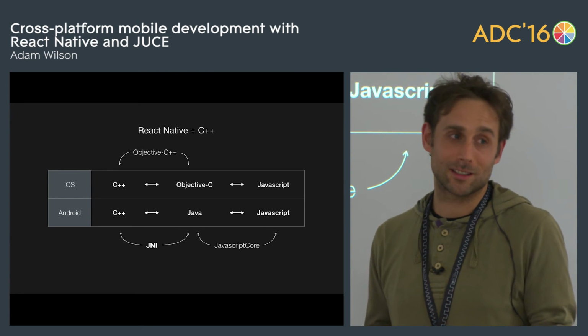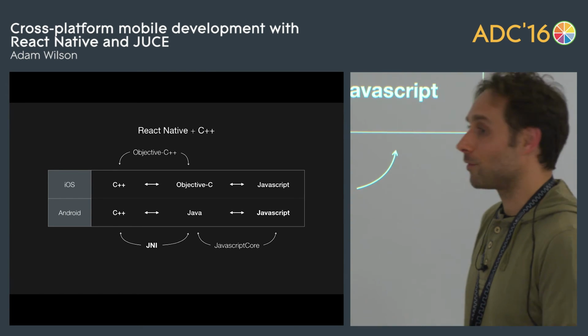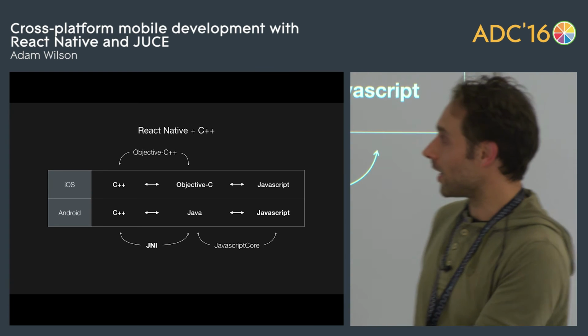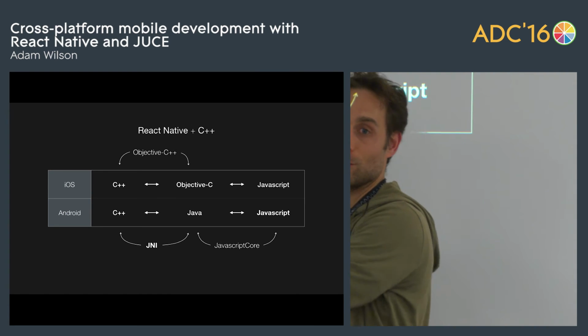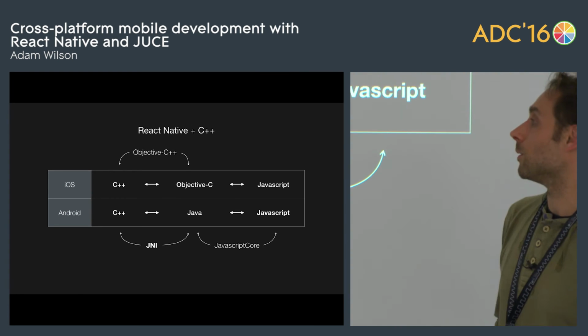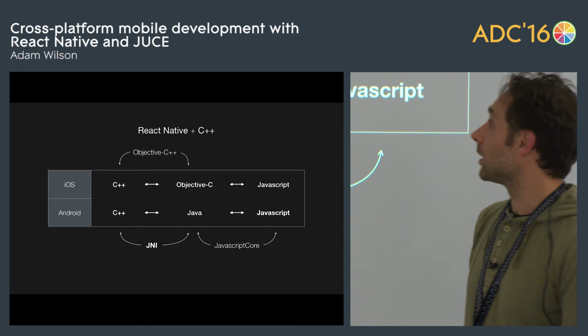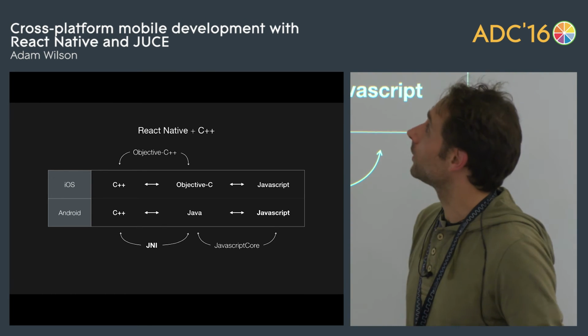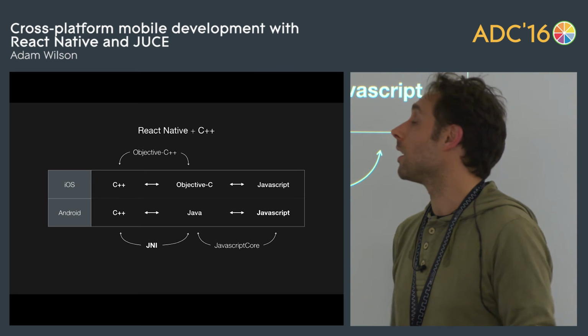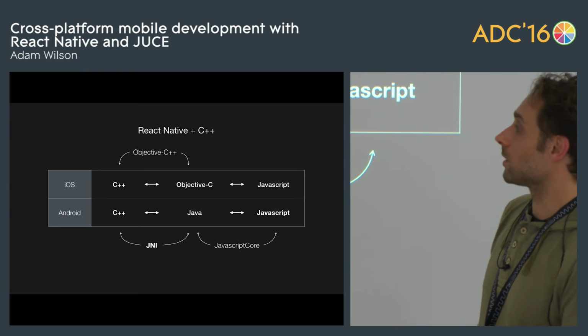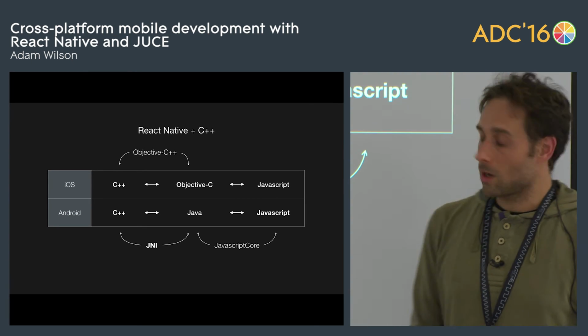It's a necessary evil if you're going to write custom components with JUCE that you then bring into an Android application, whether or not you're using React Native, even if you just want to use the standard Android tools.